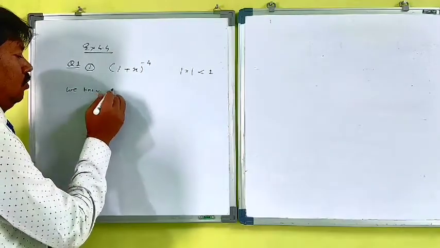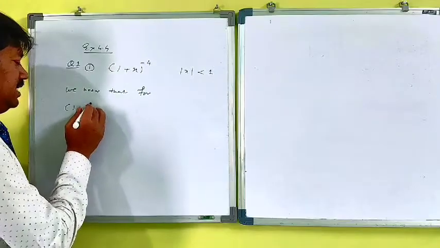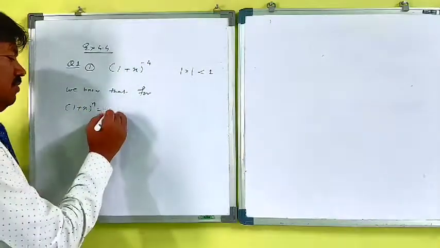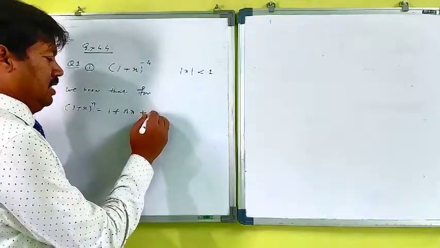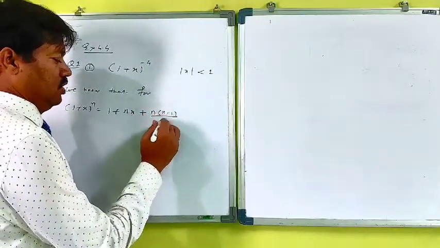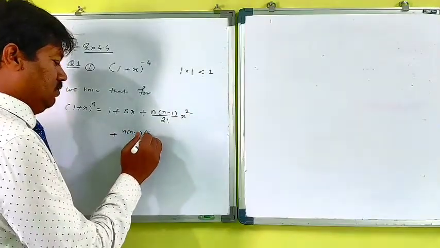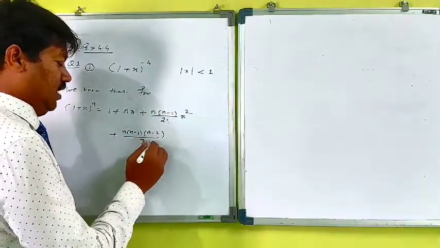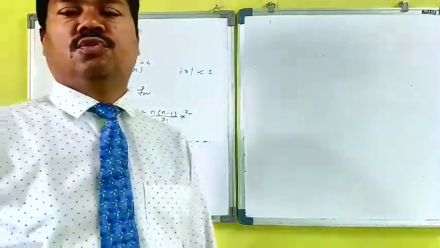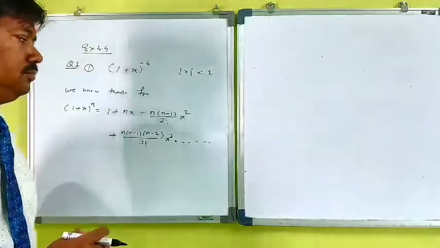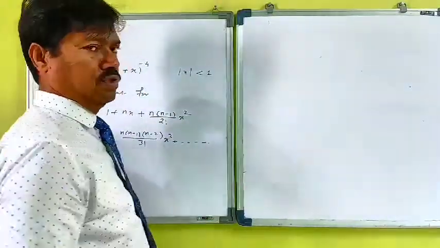We know that for 1 plus x raised to n, it is always given by 1 plus nx plus n into n minus 1 upon 2 factorial x square plus n into n minus 1 into n minus 2 upon 3 factorial x cube and so on. So it is like this. Using this concept, first 4 terms you want to write.